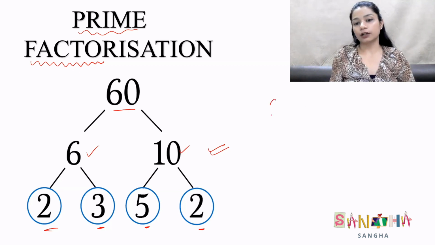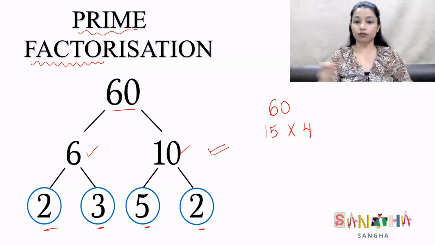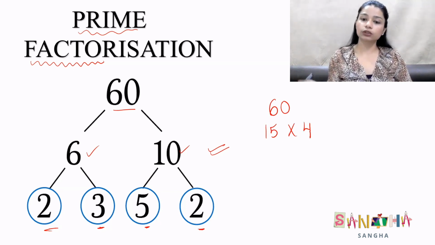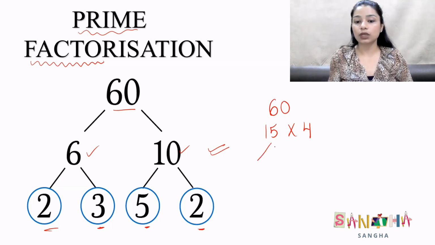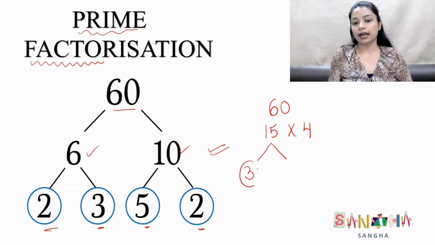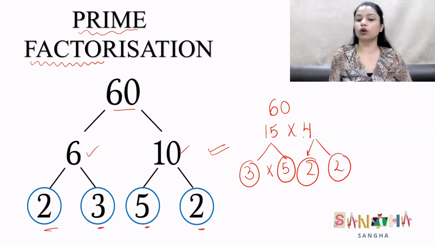So if I talk about factors of 60, that can be 15 times 4 as well, because 15 and 4 both are factors of 60. But if we want to know prime factors of it, if we want to find out prime factorization of it, I need to simplify it further, and then I need to write down the factors as 3 and 5 of 15 and factors 2 and 2 of 4.